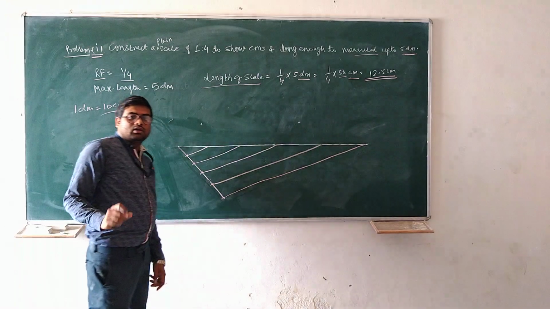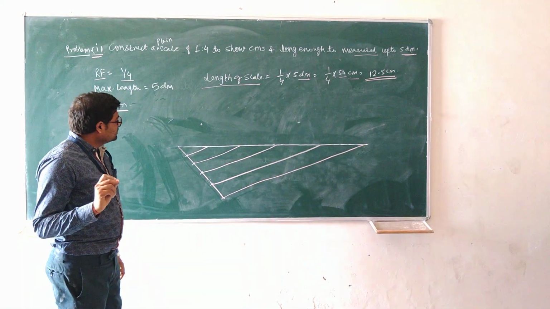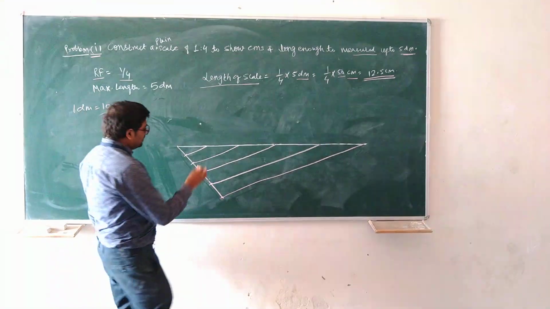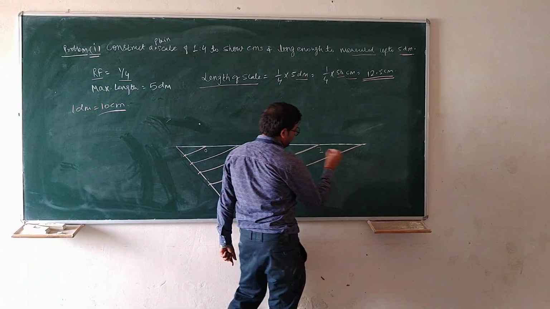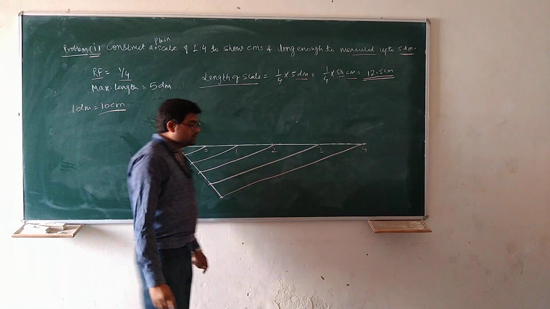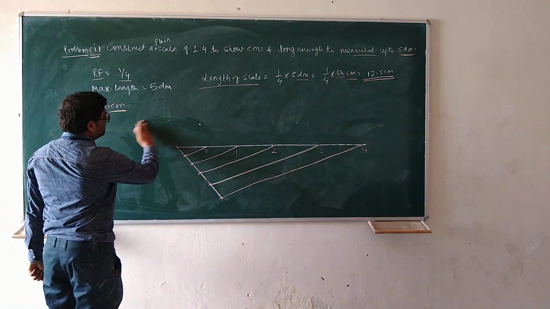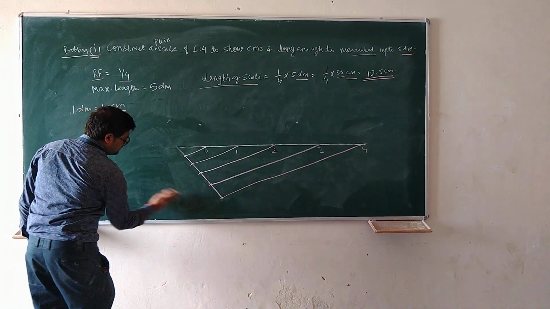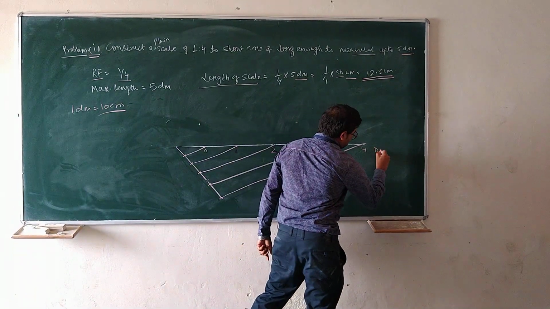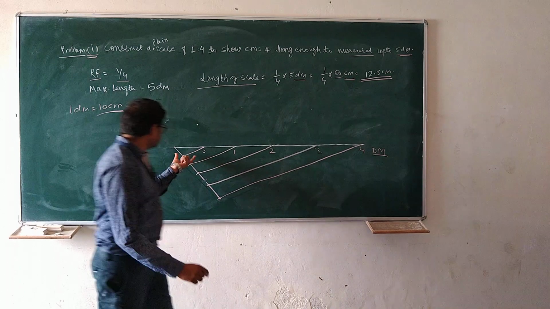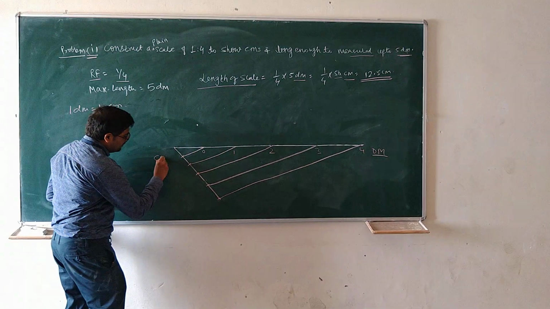And you can mark 0, 1, 2, 3, 4 like that. The numbering should be of this type only. This part shows the decimeter, and this first part will show the centimeter.